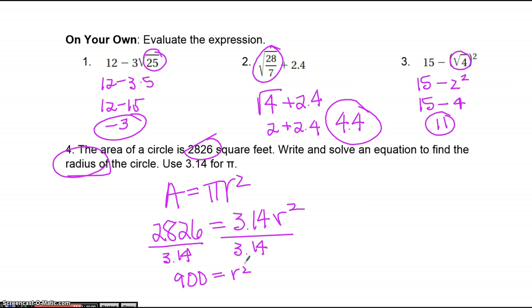And then, in order to undo the square, you need to find the square root of both sides. So the square root of r squared is just r, and the square root of 900 is 30. So 30 feet is the radius.